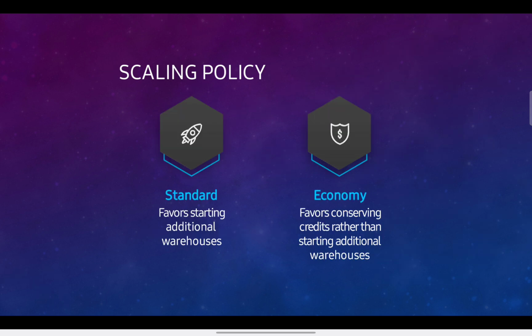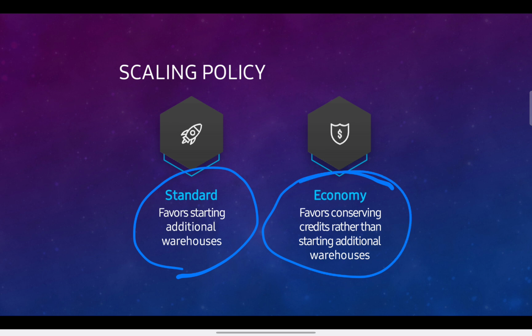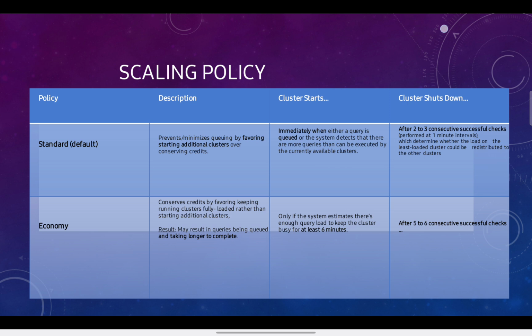In short, the standard policy favors starting additional clusters, whereas the economy scaling policy favors conserving credits rather than starting additional clusters. So that is the exact difference between these scaling policies.